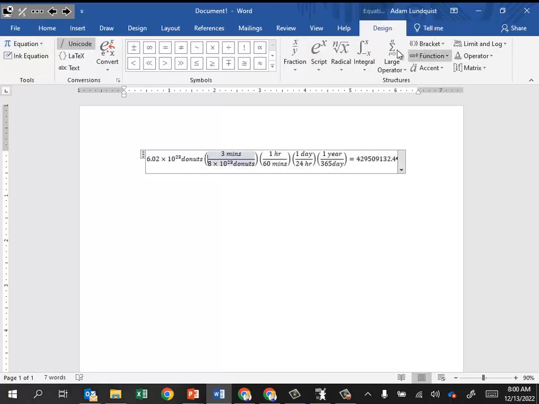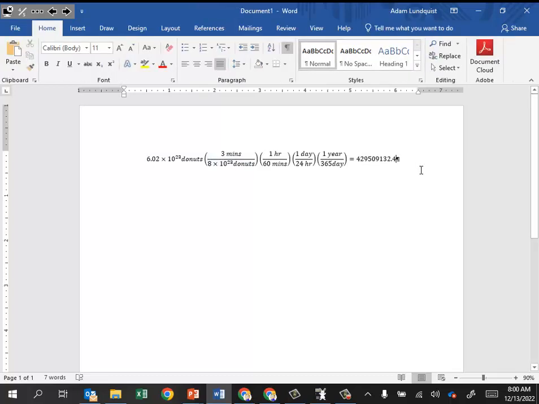You can use the various operands in the ribbon at the top to make your math look nice and pretty and give me the actual answer.